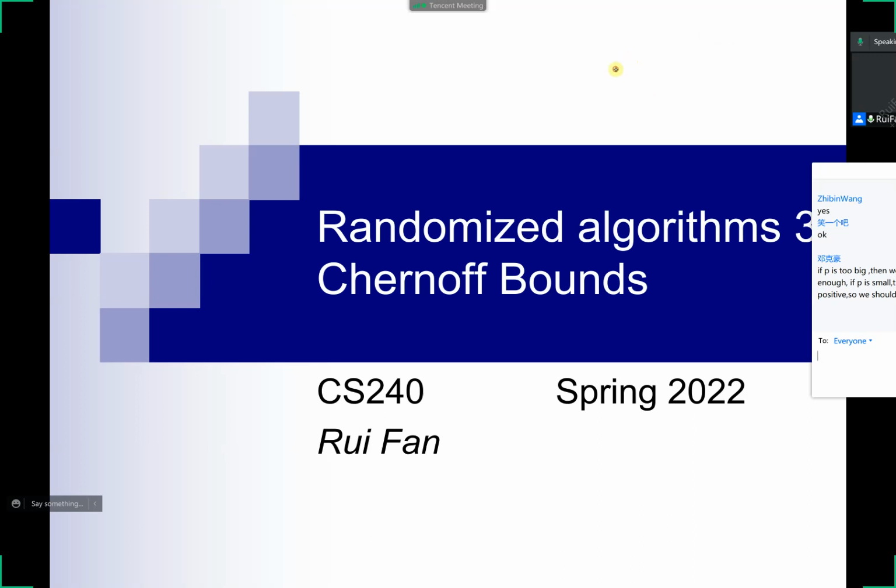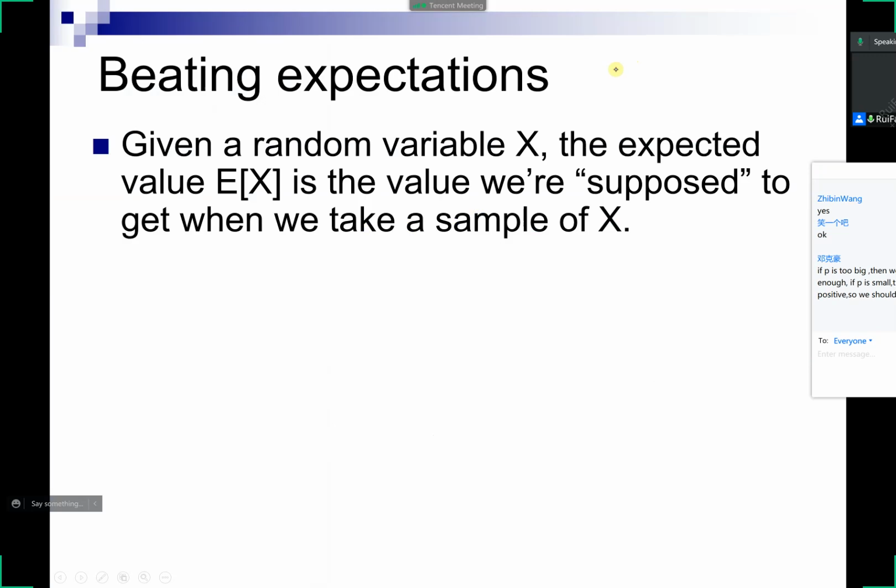So the idea for Chernoff bounds is that what we're trying to do is to compare a random variable to its expectation. Because the situation that you usually are looking at in these randomized algorithms is that suppose you know the expected running time of an algorithm, like the previous string matching algorithm.